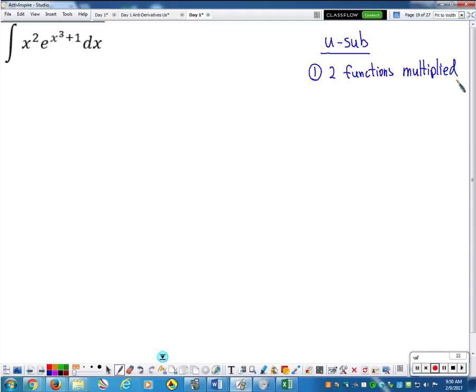We have to have two functions multiplied. So someone just raise your hand, earn the ticket. Ellie? X squared and e to the x are.